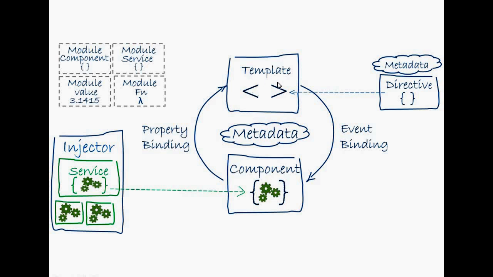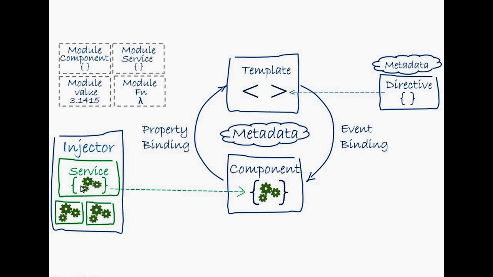The template and component communicate using property and event binding. Whenever the component wants to send data to the template, we use property binding, and when the template sends data to the component, we use event binding.